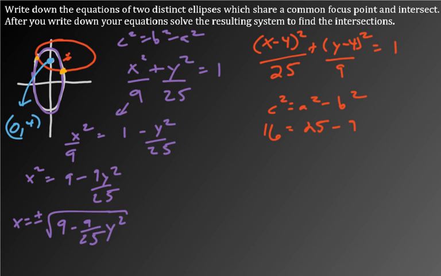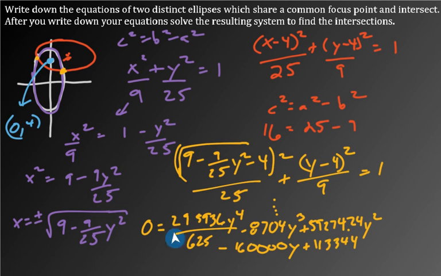This isn't that bad to square out, but basically if you use a calculator to help you here, you can plug all this in and you can get this down to basically this, which, as you can see here, if you substitute it in, this is just the positive one, you will get all that, and it's obviously a big mess, so I would just use a calculator to help you solve this.